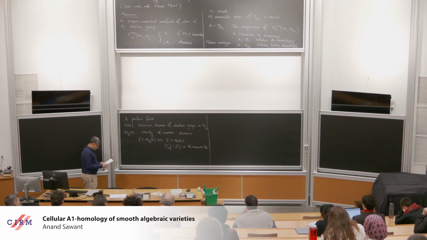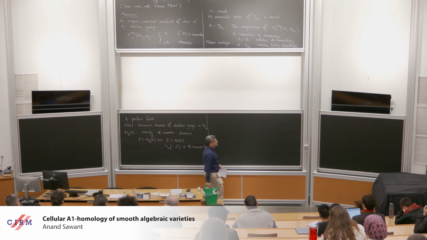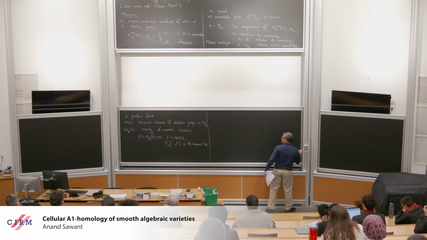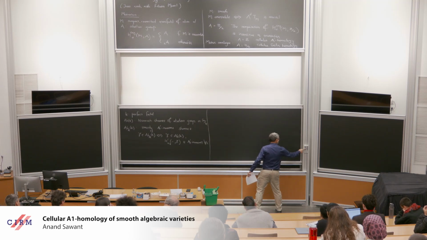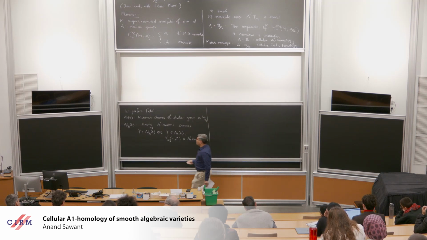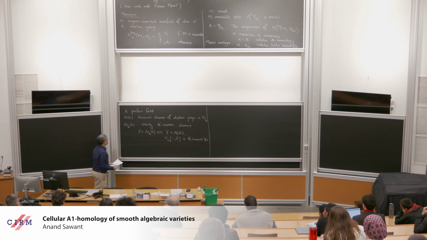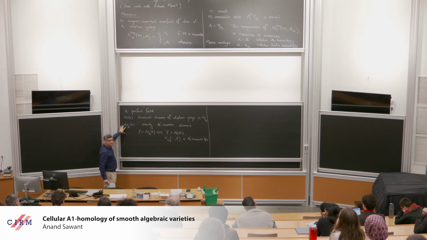Then we have the following diagram. It's a non-trivial theorem of Morel that the strictly A1-invariant sheaves form an abelian category.